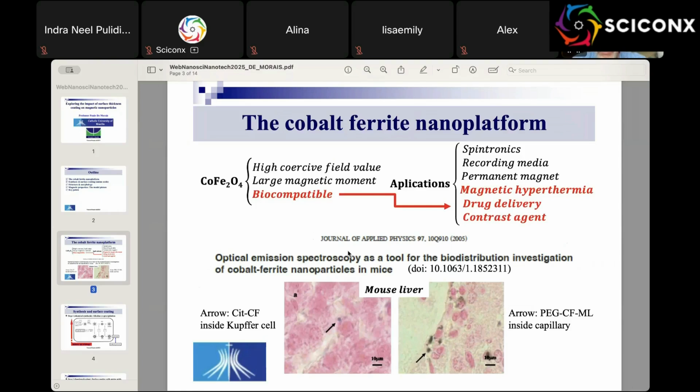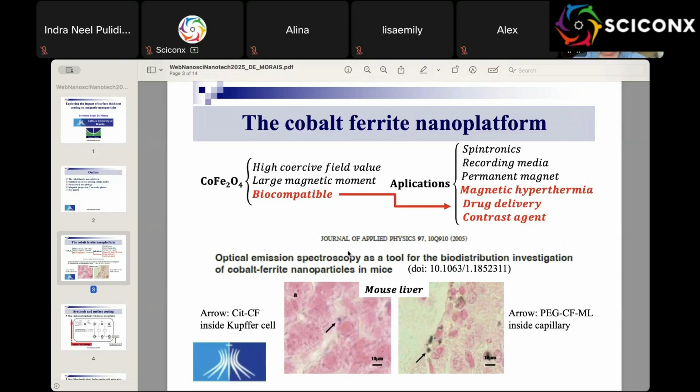The cobalt ferrite nanoparticles were injected in the animal using a magnetoliposome, actually. The magnetoliposome is surface coated with polyethylene glycol, PEG, and we spot the magnetoliposome inside the capillary. Likewise, in both experiments, no toxicity or cytotoxicity was observed.